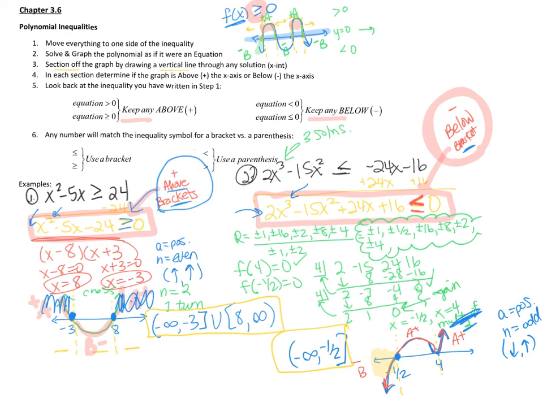Connect it to the end behavior, do my smooth curve depending on the multiplicities if I'm sitting or crossing. Then I'm going to go back and look at, okay, well, what am I going to keep? Do I keep the above or the below part? I'm going to shade the spots that I'm going to keep, and then I'll write my answer as an interval using the brackets or the parentheses that we had decided on based on the inequality.